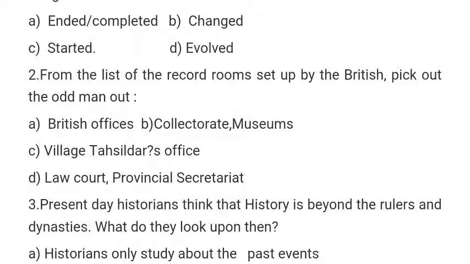Among these, we have to select the office which is not established for keeping records. The options are collectorate, museums, village tehsildar's office, law courts, provincial secretariat. So the correct answer is option D, law courts and provincial secretariat.